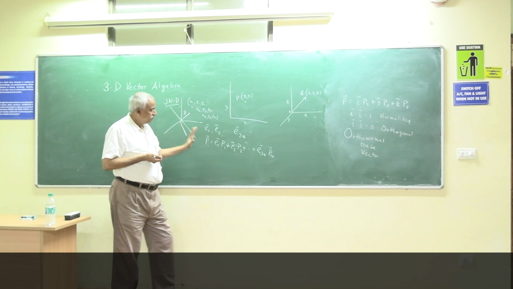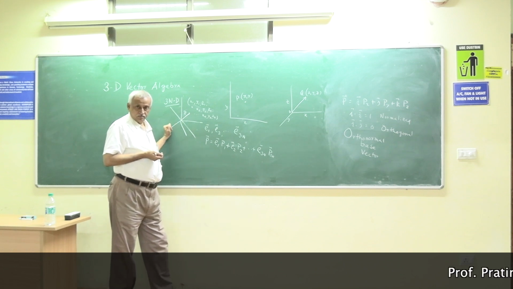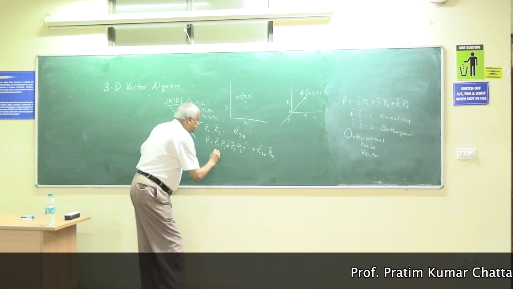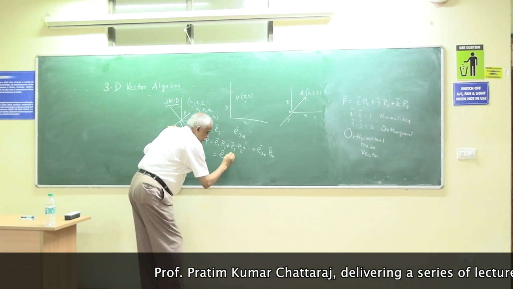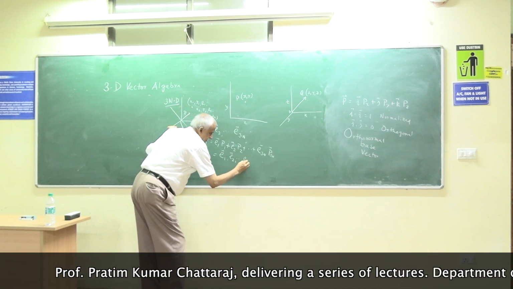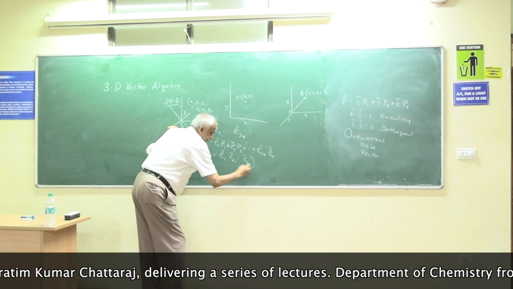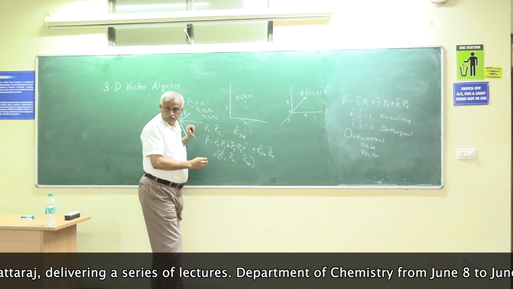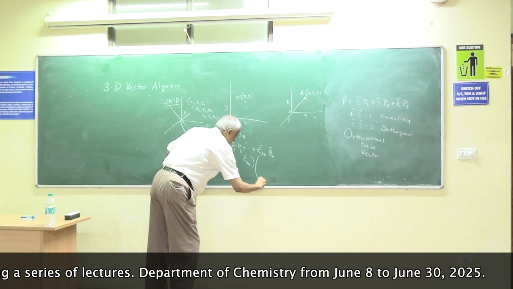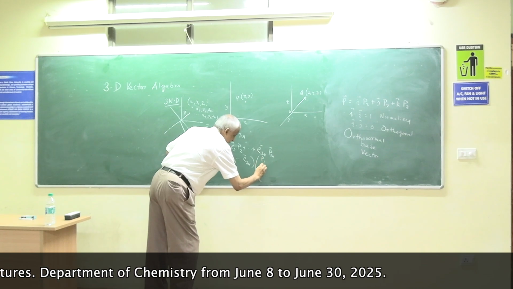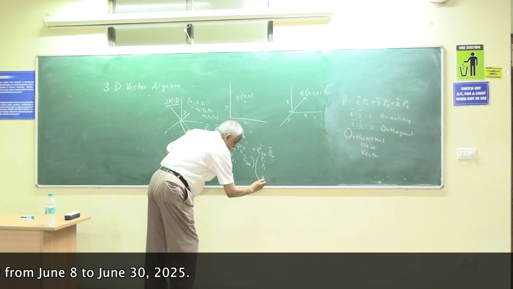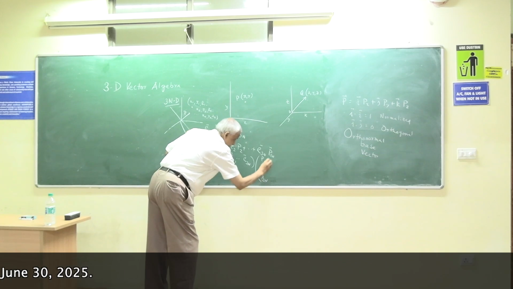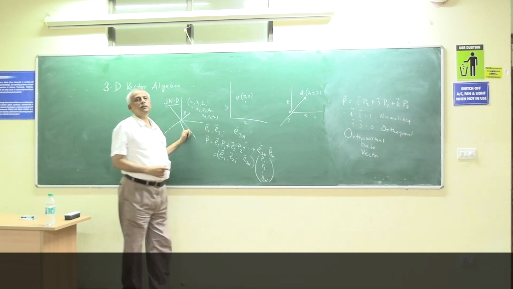Now we were talking about the vectors. Suppose I write it like this: E1, E2, up to E3n as a row, and the components as a column.